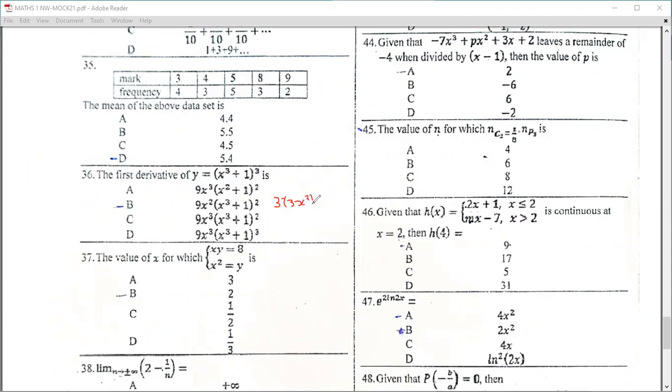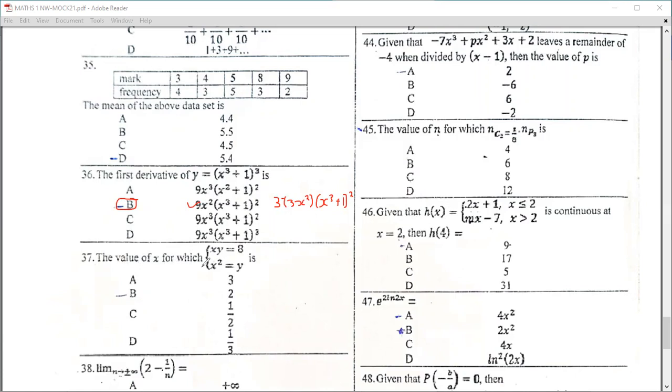Now times the function and subtract 1 from the power. So x to the power 3 plus 1, and all of this raised to the power 2. So 3 times 3 is 9x squared. All right, so this is 9x squared. This is the correct one. So that's the first derivative.